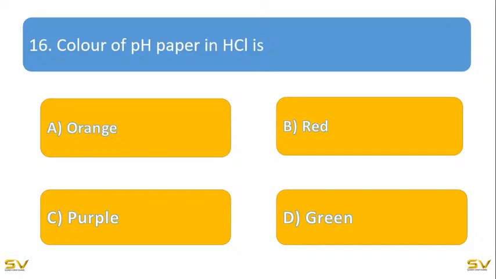Tomato is 4 to 4.4, 4.5 or something. If it is juice, then it will be 4.6. Okay, now coming to the color of pH paper when it is dipped in HCl: is it orange, red, purple, or green?